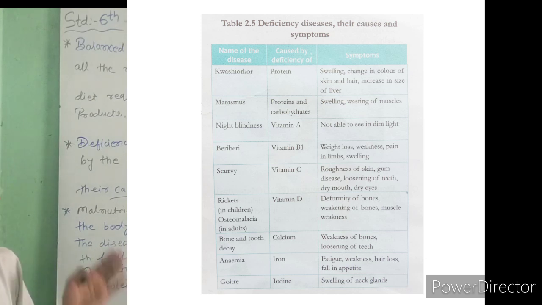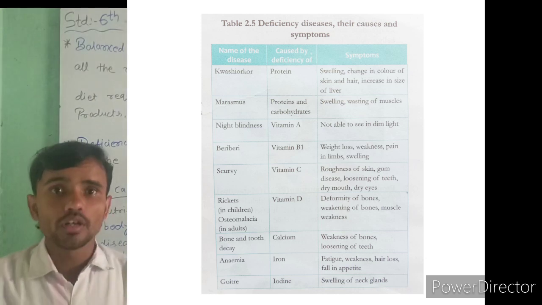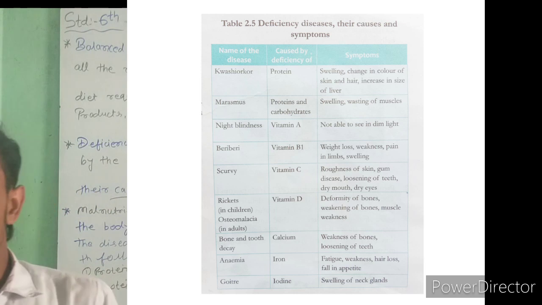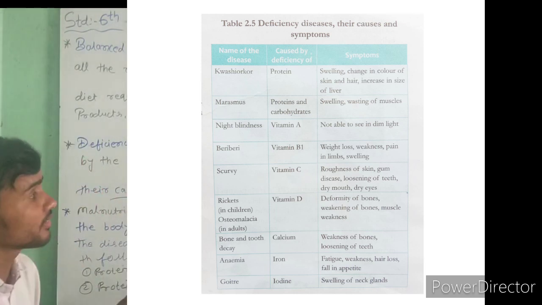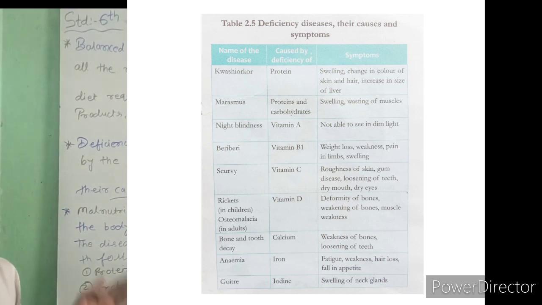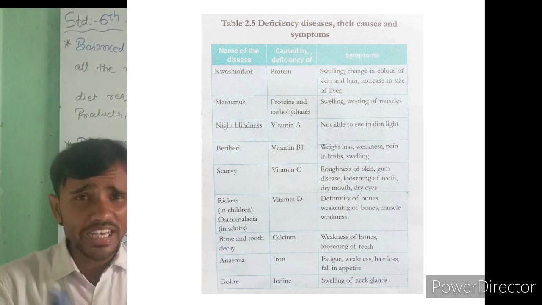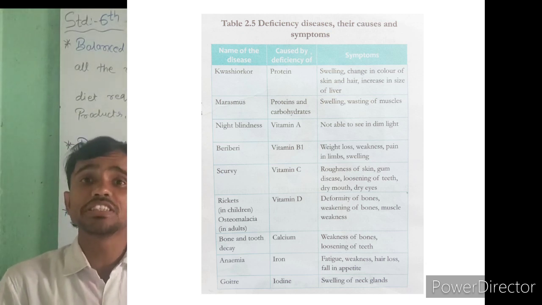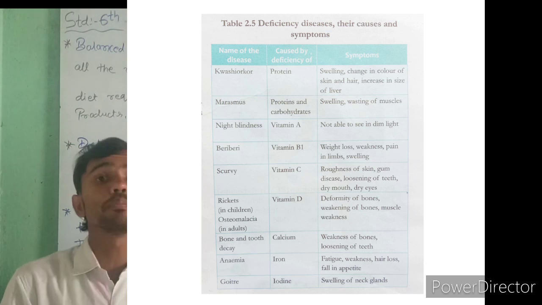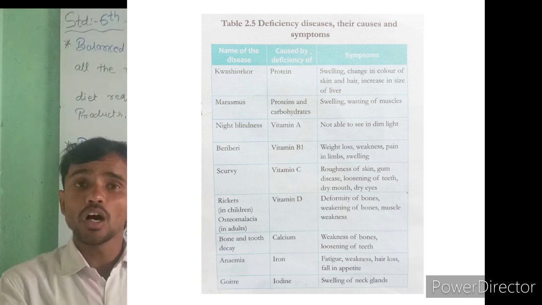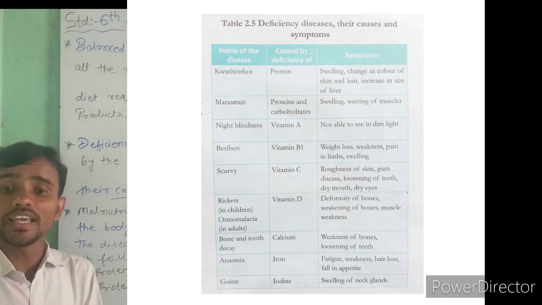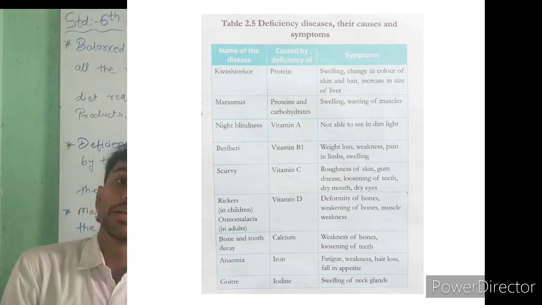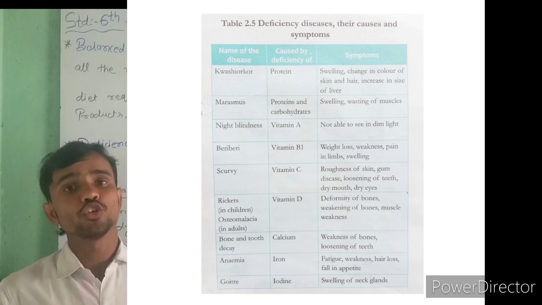And next, marasmus. Similarly, vitamins, minerals, vitamin A, vitamin B, vitamin C, vitamin D: if any type of vitamin or nutrient decreases in your body, then a deficiency is caused in your body.